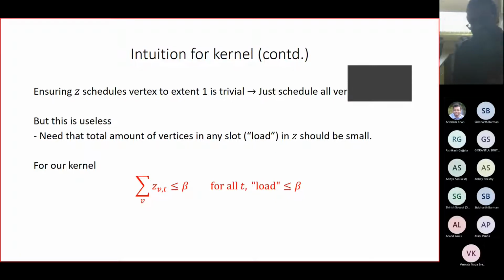So that's why this kernel is so special, because it is achieving 2 aims in one shot. It is keeping the load small, and so it is close to an assignment. And like in the previous slide, it is still making every vertex go to 1, because it has this divergent behavior. And that's kind of why this kernel works morally.